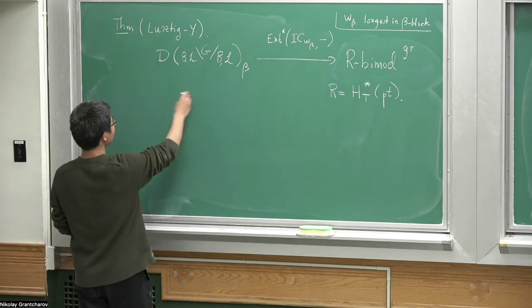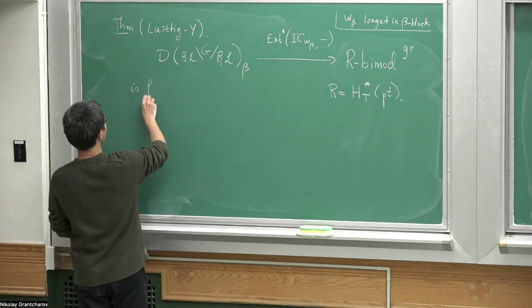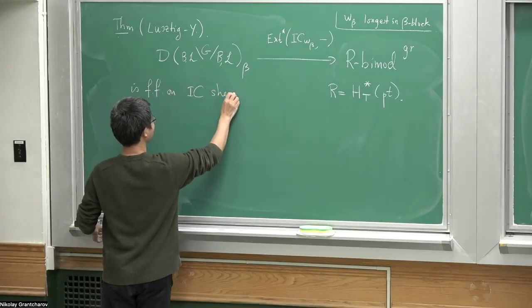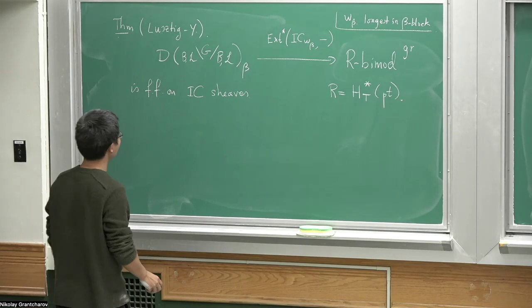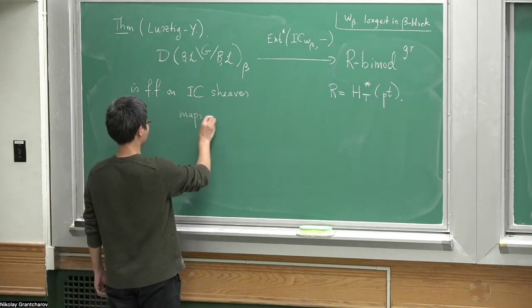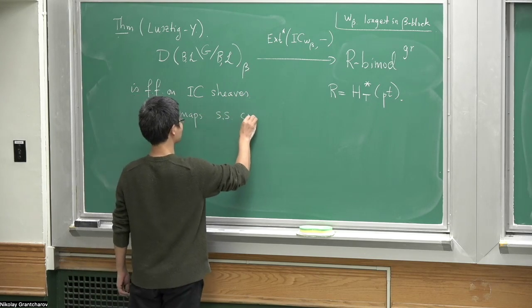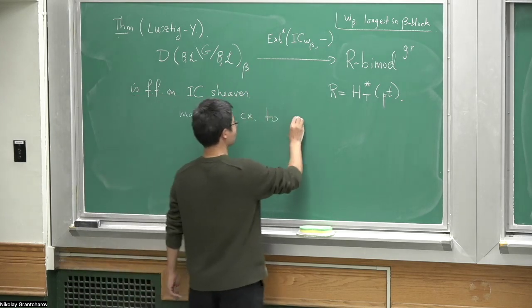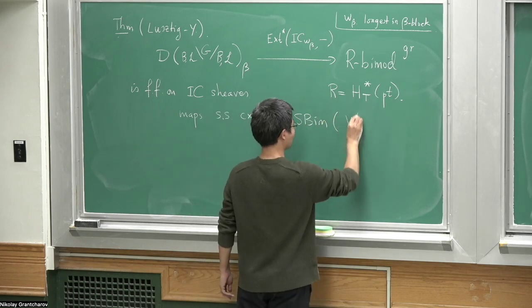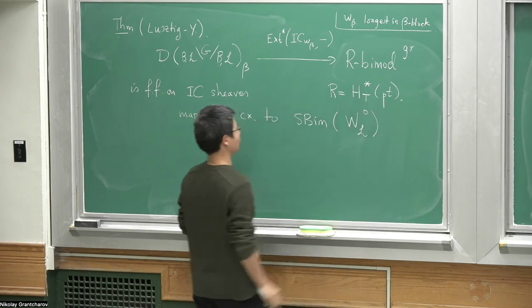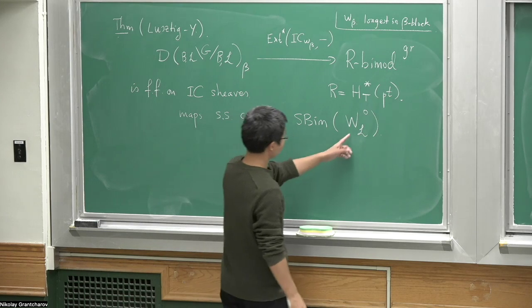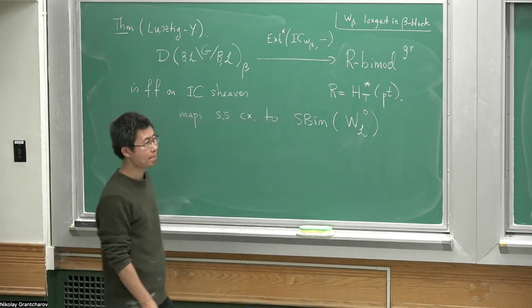The thing is that this functor is fully faithful on Ext sheaves, and maps semi-simple complexes to Soergel bimodules for this Coxeter group.